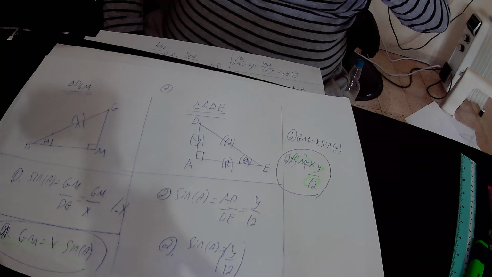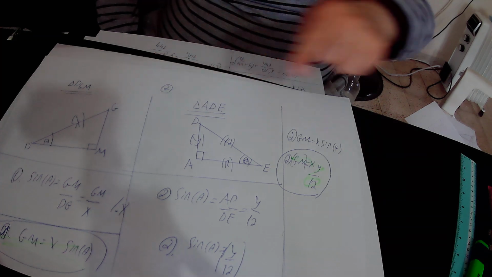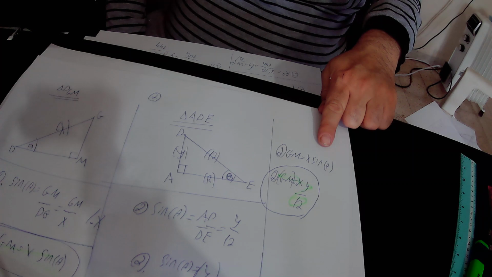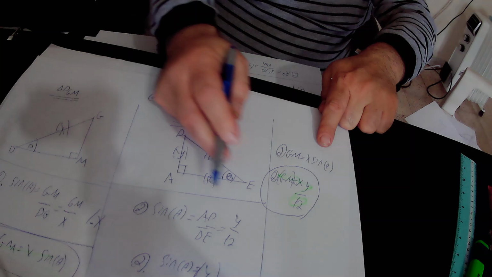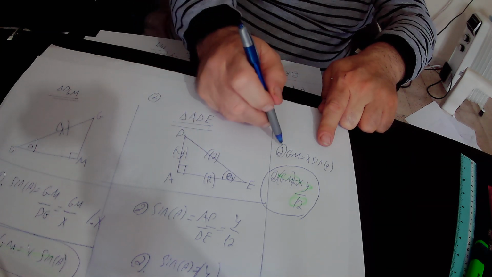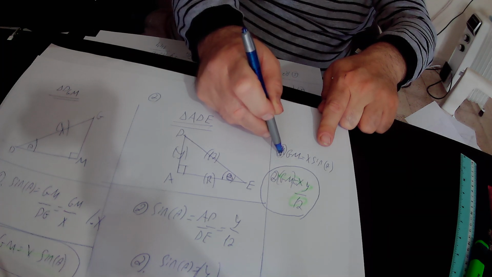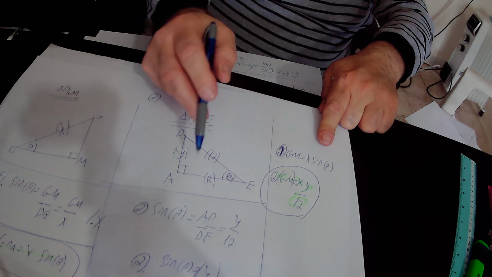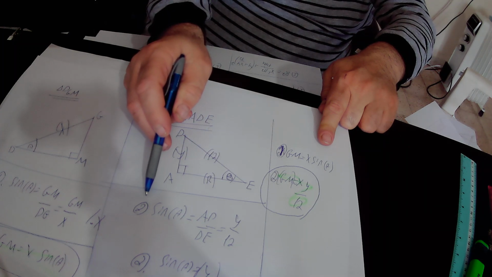And according to equation 1, we found out that GM equals x times sine theta. Now we can substitute this sine theta in equation 1 by y over 12 from equation 2.